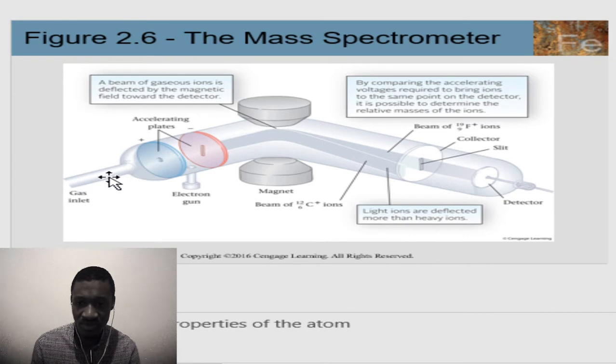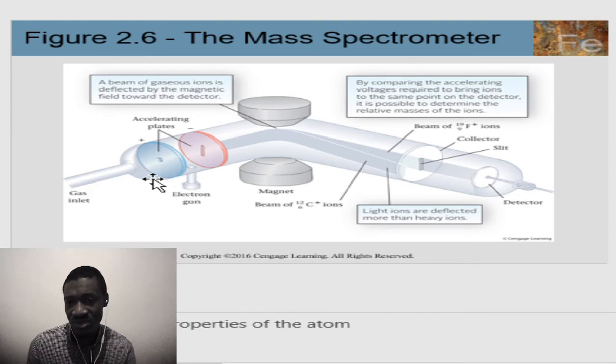It comes in here and goes through this hole, and these two plates are called the acceleration plates. You have the electron gun beneath here. What the electron gun does is knock out the electron, so that what passes through the slit is the cation. And the cation goes and collides with this magnet.